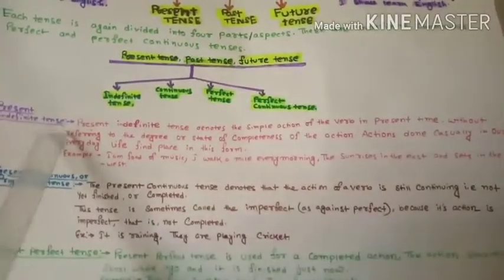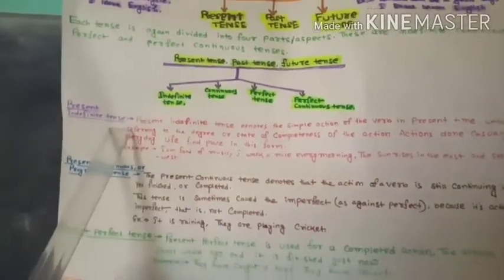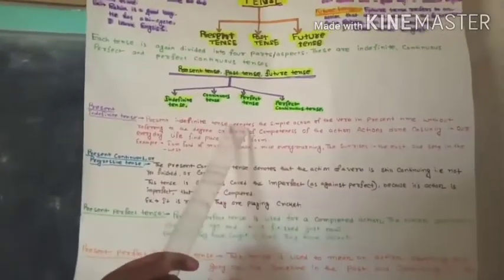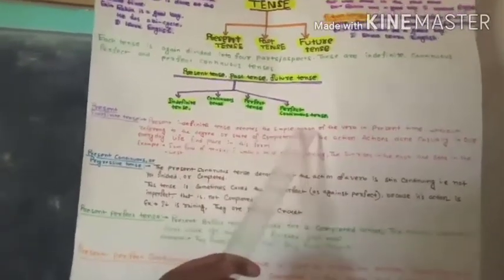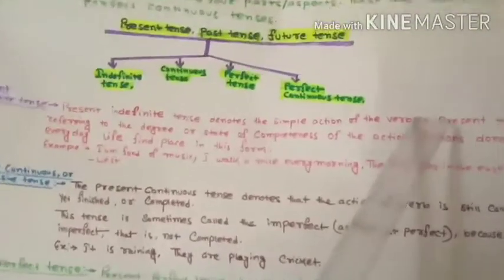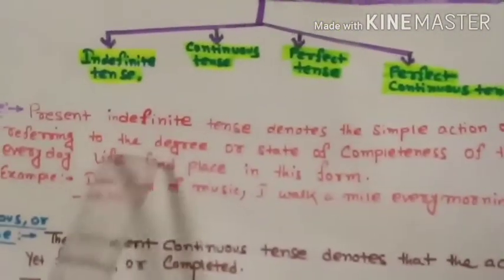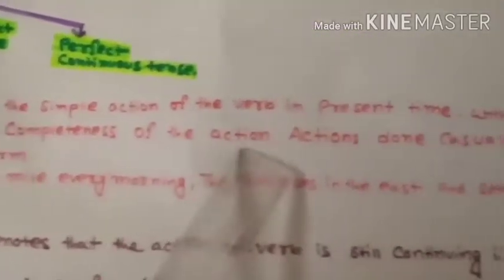Once again, what do we mean by present indefinite tense? The definition is: present indefinite tense denotes the simple action of the verb in present time without referring to the degree or state of completeness of the action.